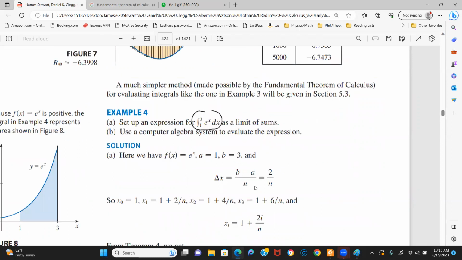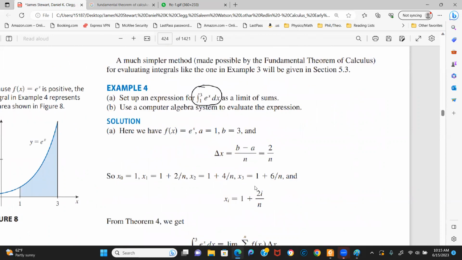So here we go. This is this integral right here. To set up this integral, we need to say, well, this is our function. These are our endpoints. This is going to be the width of the subintervals. So we're going to take the interval from 1 to 3 and divide it into n intervals of equal width. So they have to be of this width right here.